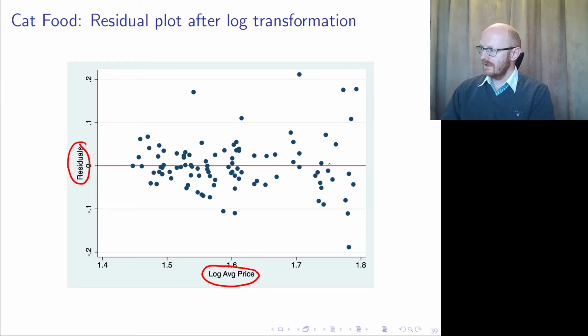Maybe the volatility of the residuals is higher for higher values of average price, but with this data we can't really say. What we're interested in is whether or not we have captured the non-linearity in the data, and it actually seems like we have.